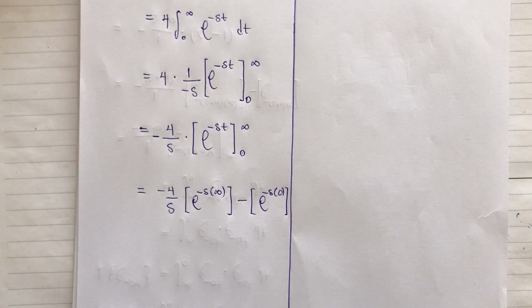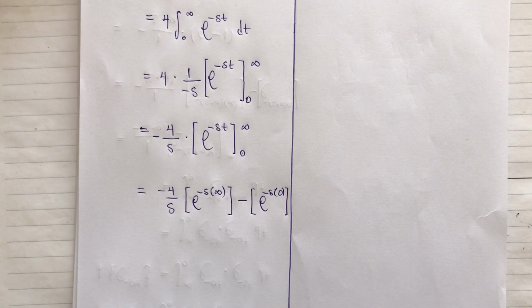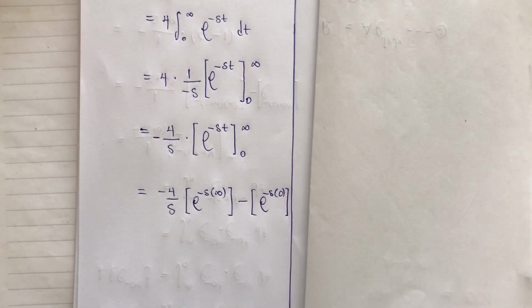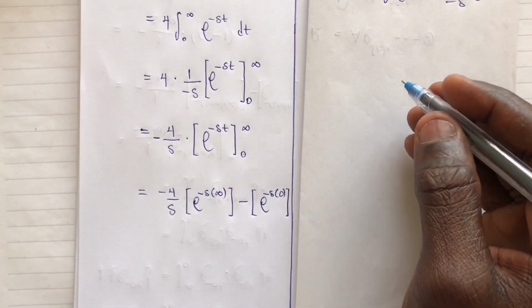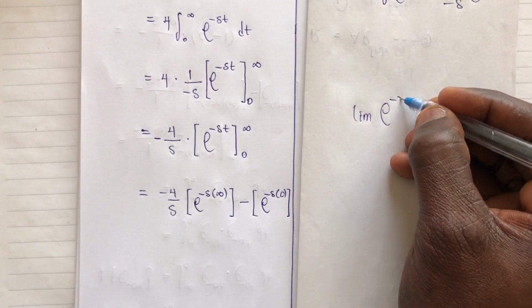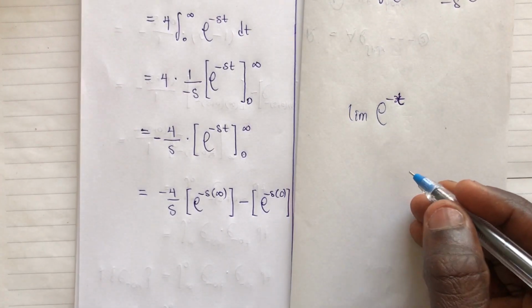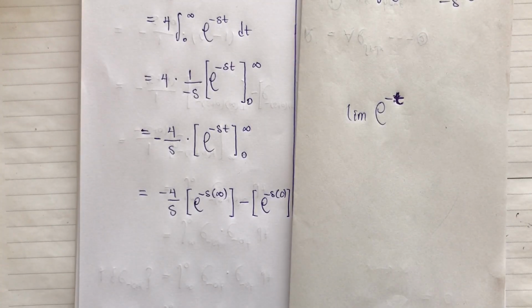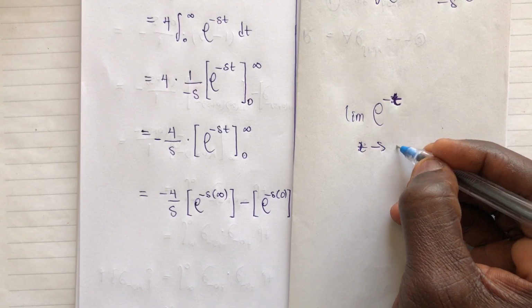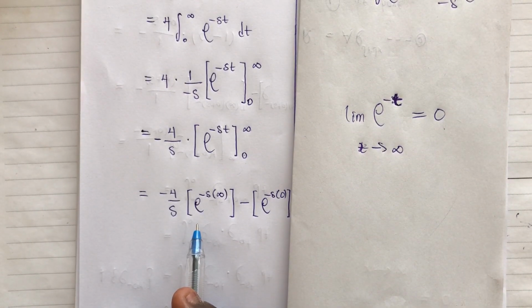Now remember that as t approaches infinity, the result converges to 0. Okay, if you really want further analysis, if I have a function where we have the limit of e to the power negative t, then when t approaches infinity, this result is equal to 0. That was what I was trying to explain here.